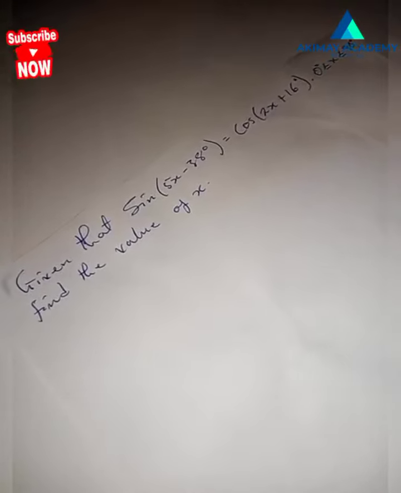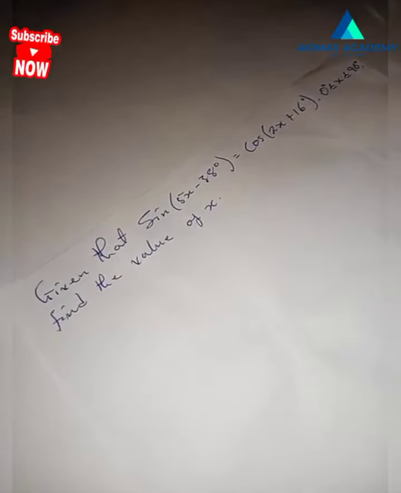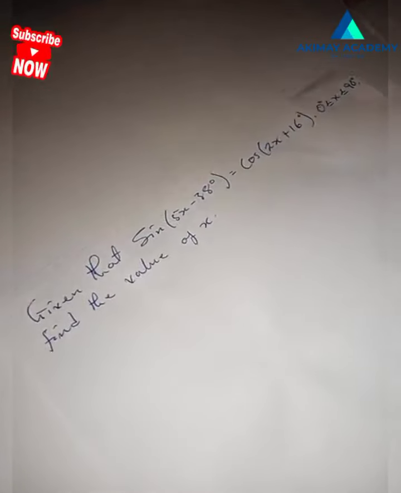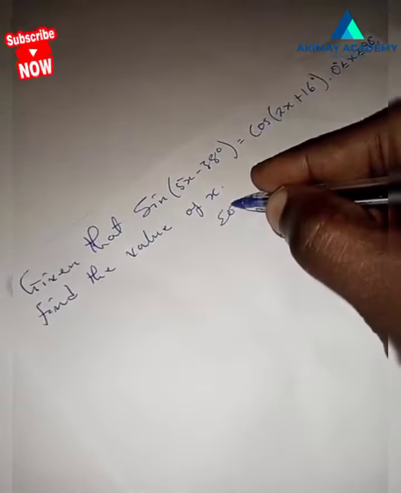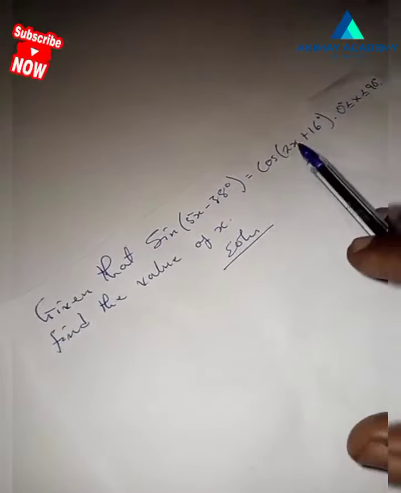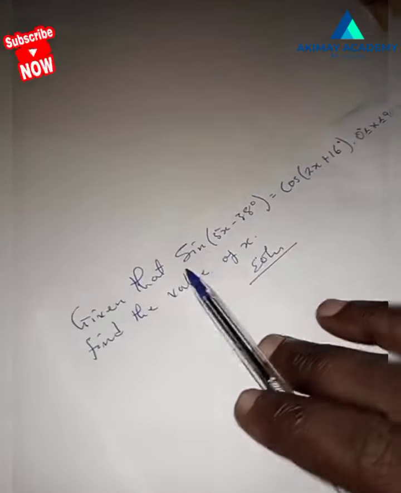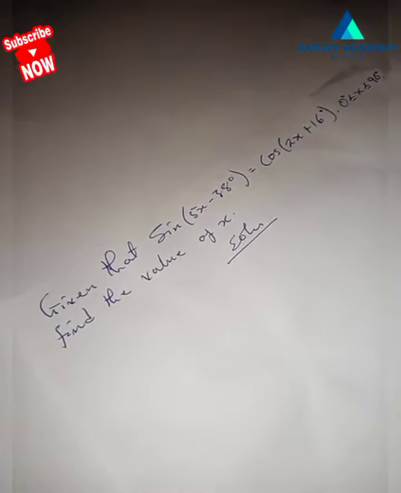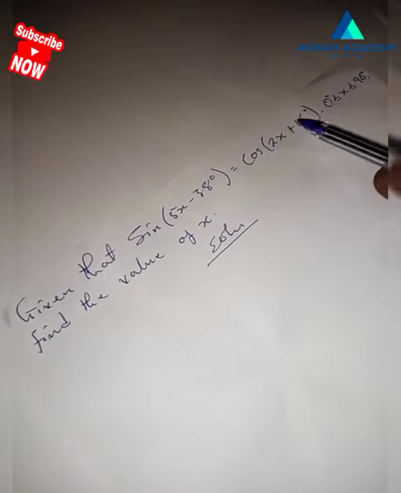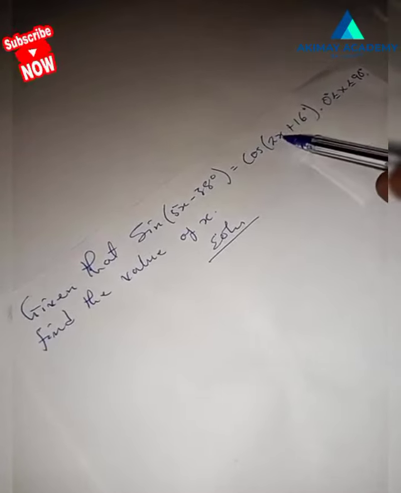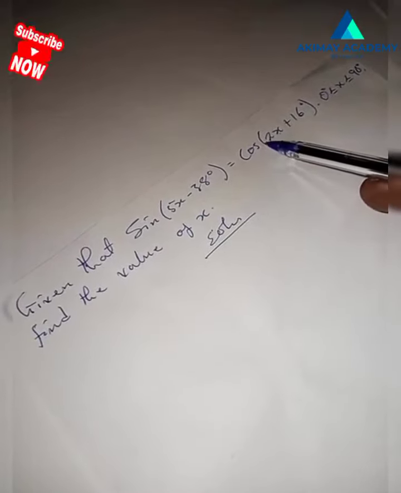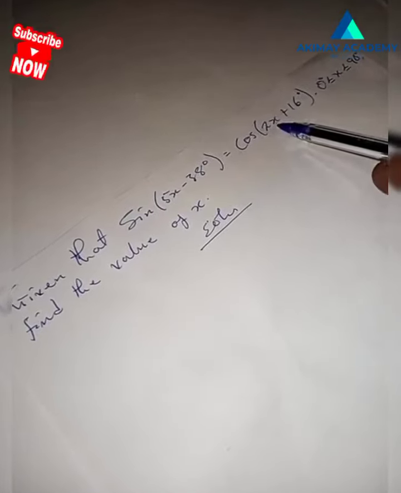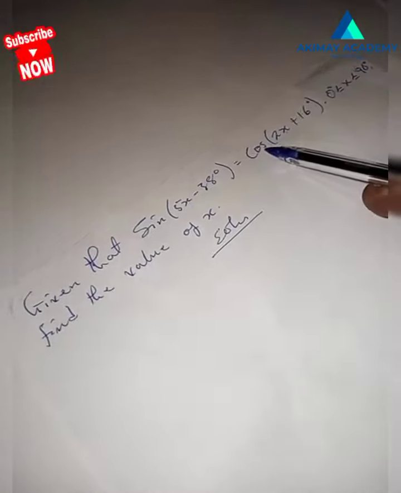With that idea, now that we know they are complementary and sum up to 90 degrees, we can apply the same method here. We can either change cos to sine, or change sine to cos, using their complementary relationship. The angle over here, we don't know, since there's x. We have angle 2x plus 16 degrees for the ratio cos.